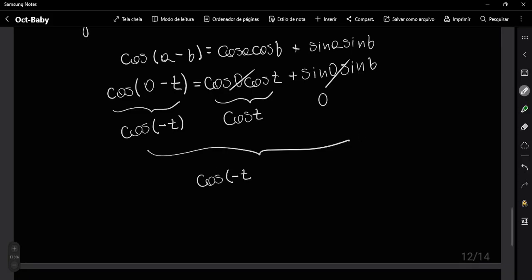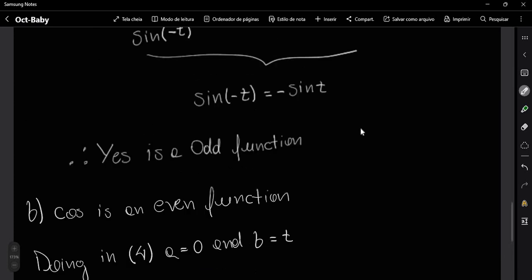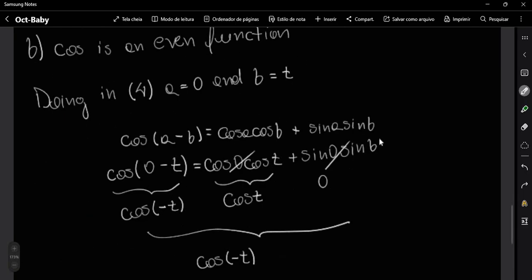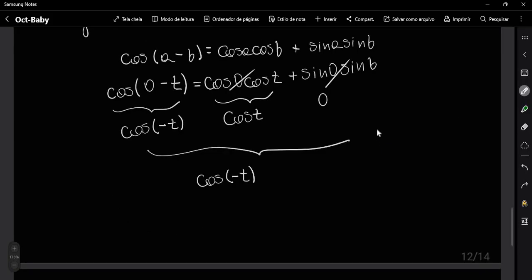To be an odd function, it must assume this shape, just like right here, f of minus x equals minus f of x, and right here we are obtaining cosine of minus t, which is equal cosine of t. So right here is not an odd function, it is an even function.